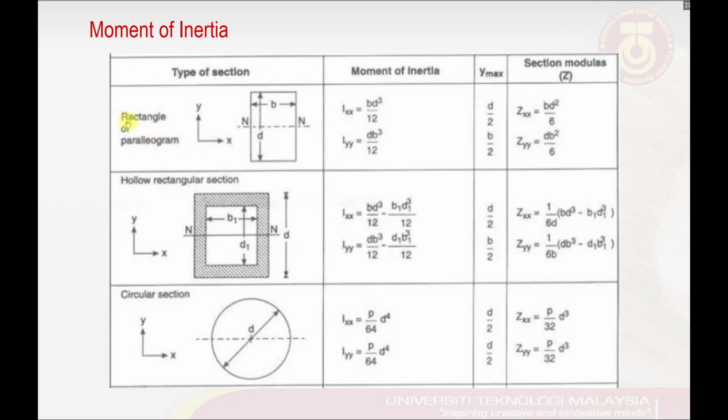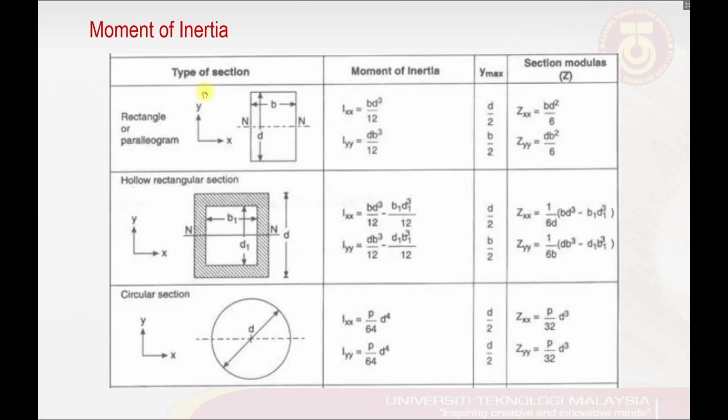For example, the first one is a rectangle or parallelogram which has the length b and height d. If we consider the moment of inertia in the x direction, taking x as our reference, then the moment of inertia Ix is equal to b multiplied by the height to the power of 3, divided by 12.